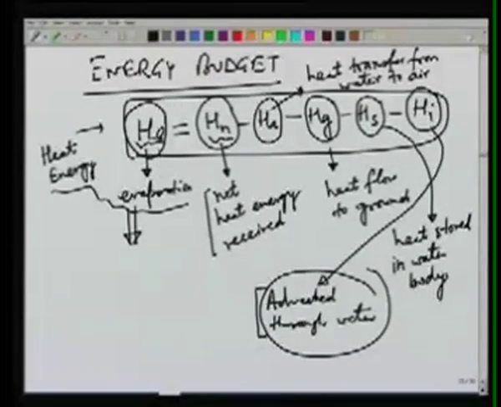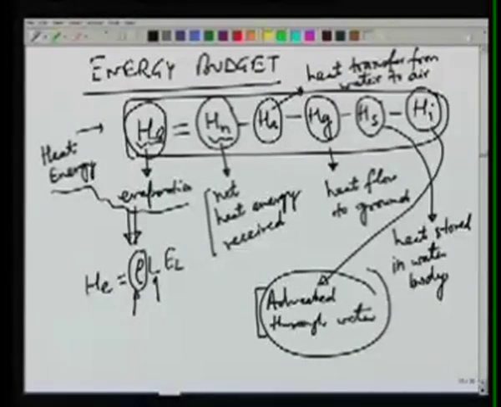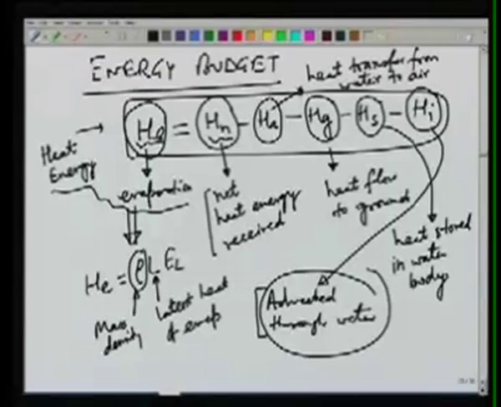So if we know the HE value, then it will depend on how much lake evaporation we have. So if we know the mass density of water, which is typically known, the latent heat of evaporation, and this is the lake evaporation as we have discussed.